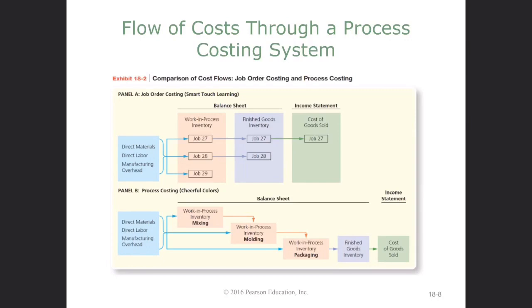They're all in our work in process account, but instead of tracking them by job, we're tracking them by process. So we've mixed, we've molded, we've packaged. Now we're going to move it to our finished goods inventory account. And then once we sell the item, it's going on our income statement in the cost of goods sold account.